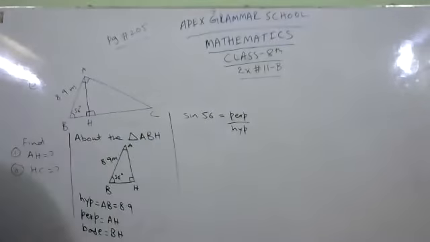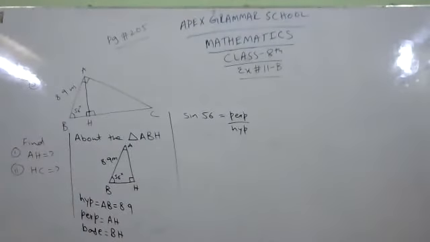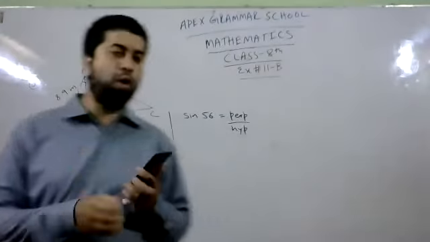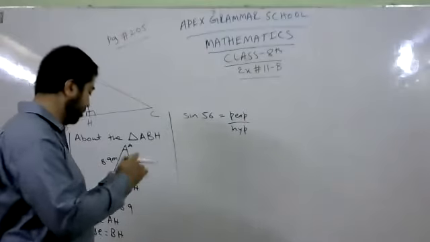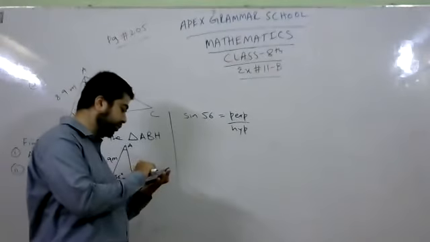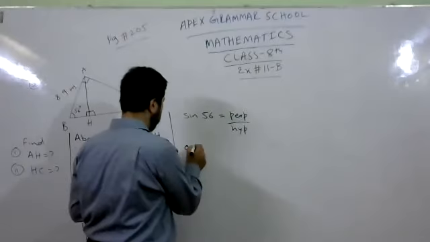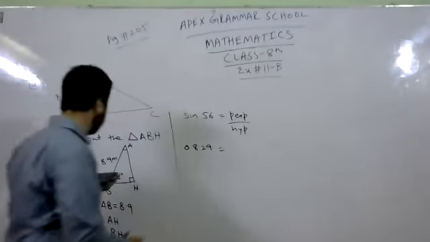Now, open your scientific calculators and calculate the value of sine 56. Sine 56 is equal to 0.829, which equals perpendicular over hypotenuse.